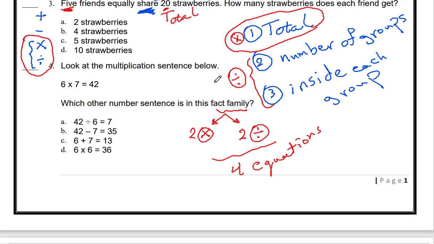For question number 4, you should use the same numbers, 6, 7, and 42. So you will find the equation which uses the same numbers, 6, 7, and 42, and it should be multiplication or division, not plus and not minus.